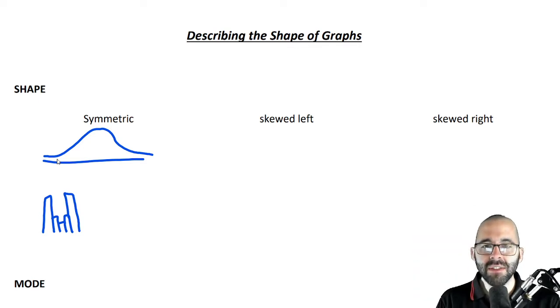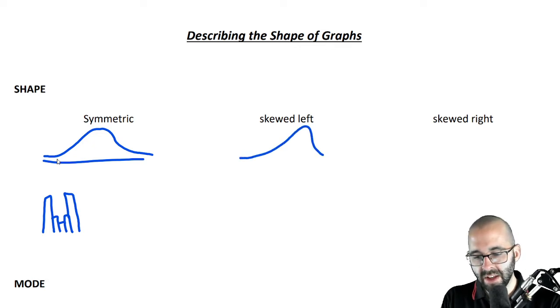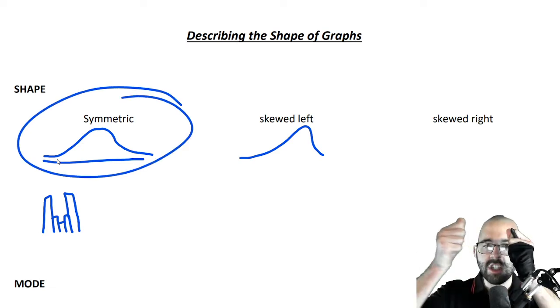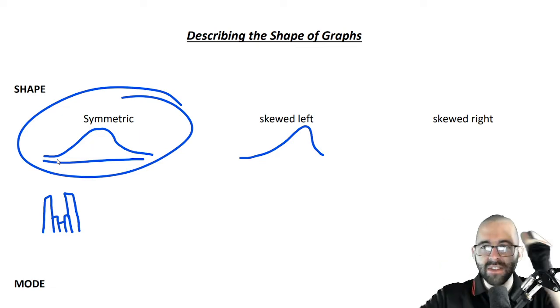Whereas skewed left has to do with where the tail is. Okay, so maybe we have something like this, which has a big tail on the left. It's kind of like we took this picture and stretched it to the left.